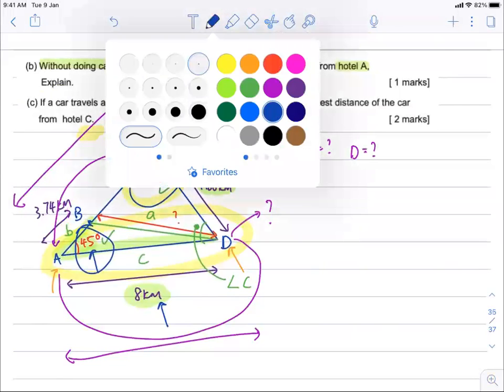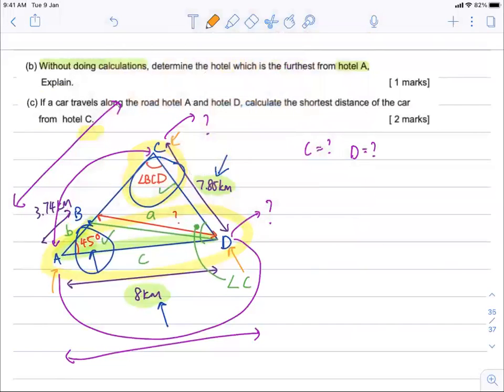So let me write down the angles over here. Angle BCD would be 46.11 degrees, and then the angle CDA would be 88.89 degrees.